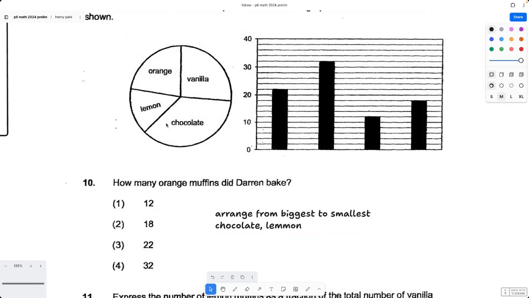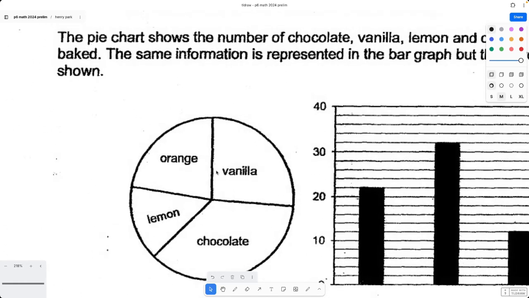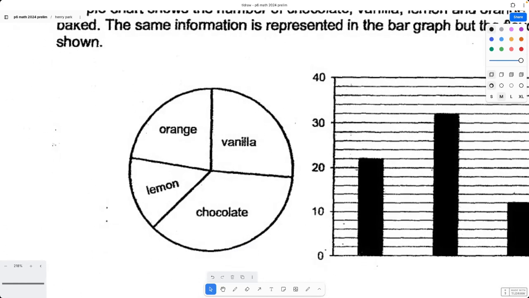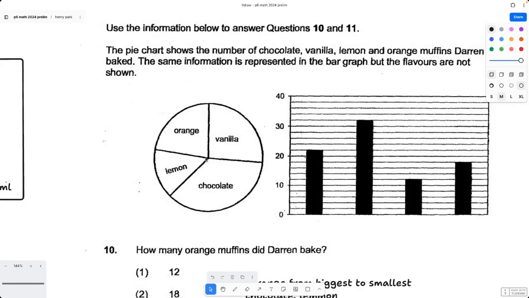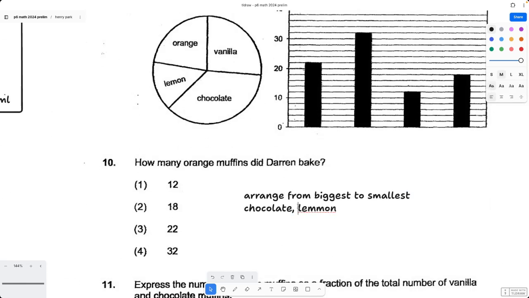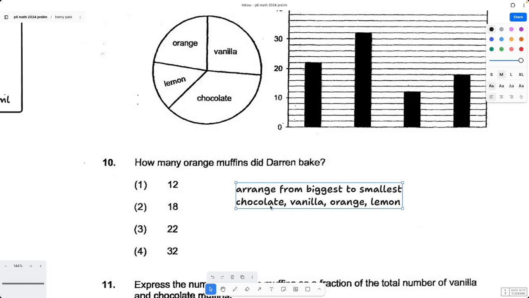Which one is bigger, orange or vanilla? If you say vanilla is bigger, then you're right. You can use a ruler to measure. If you put a right angle square, you can see vanilla is a little bit more than the orange. The orange still needs to cross. So chocolate, then vanilla, then orange, and then lemon. Now we know this arrangement.